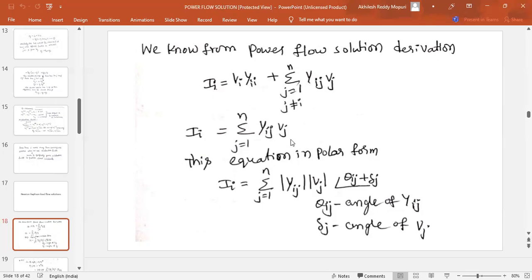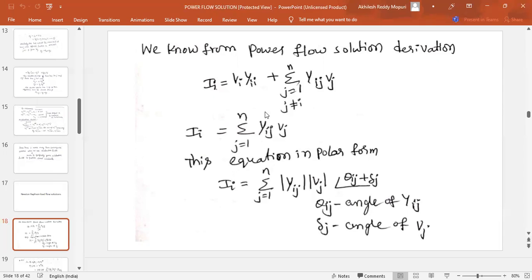Now, when we convert this equation into polar form, we get summation j equal to 1 to N Yij and Vj. Yij is equivalent to modulus of Yij at an angle of theta ij, where theta ij is the angle of Yij, whereas del j is the angle of Vj.